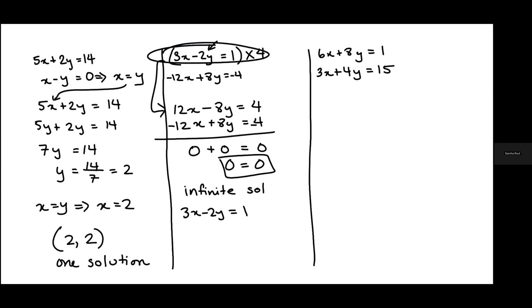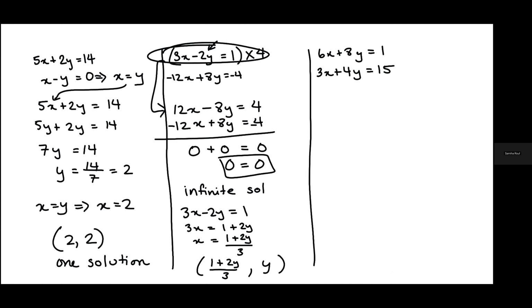Well, we'll get 1 plus 2y, and then we divide by 3. So this says that x depends on y. So y can be any number we want, and x would be (1 plus 2y) over 3. So generally, if you have infinite solutions, this is how you'd want to write out your solution.